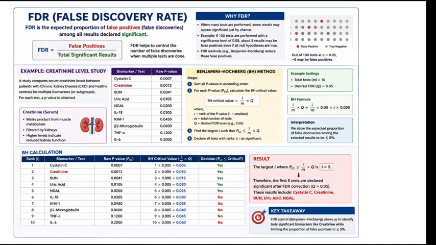Suppose we perform 100 tests, maybe the critical values for 90 significant values come less than 0.05 and 10 come more than 0.05, so those 10 are grouped as false positives.